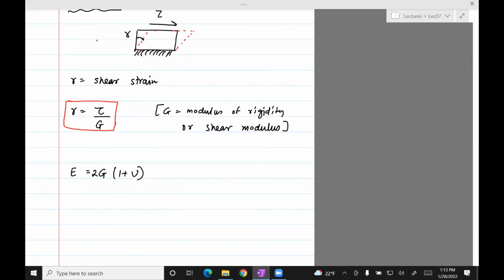That's how the three are related. So you only need to know two of the three in order to find the third one. If you know E and nu, which is usually easier to measure, then you can find G. And once you know G, you can find the shear strain by knowing the shear stress.